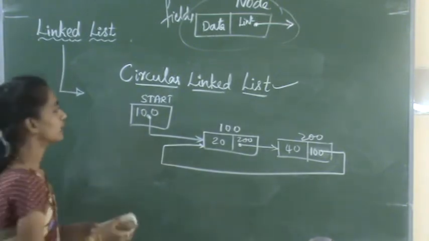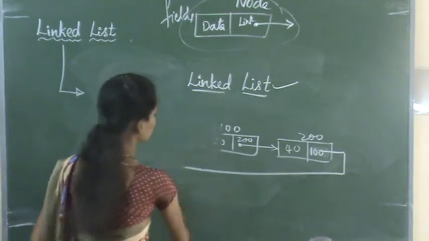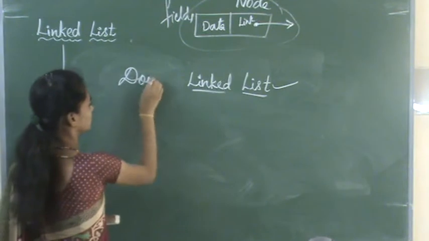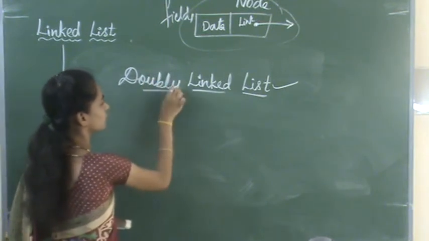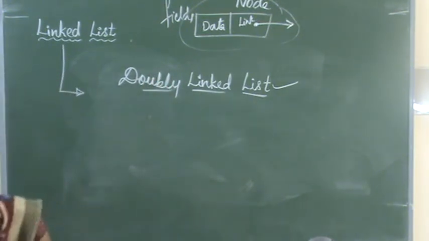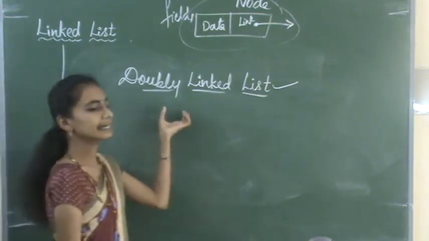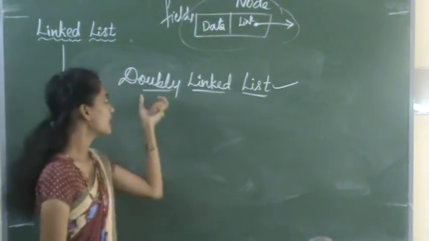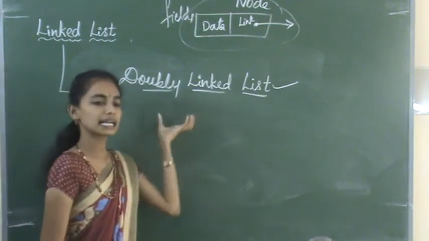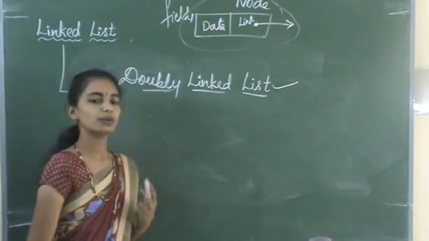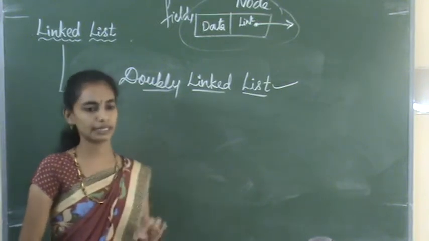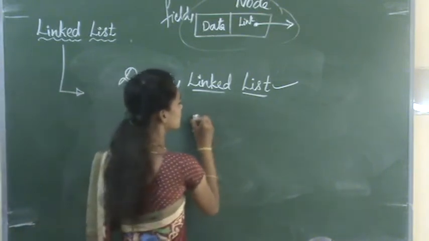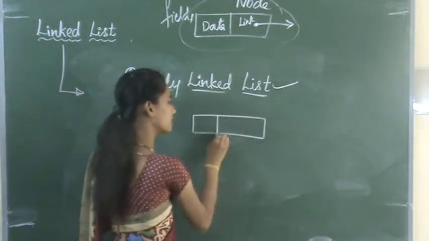Next we have doubly linked list. Doubly linked list means this linked list contains two links. It contains two link fields and one data field, so it contains three fields.